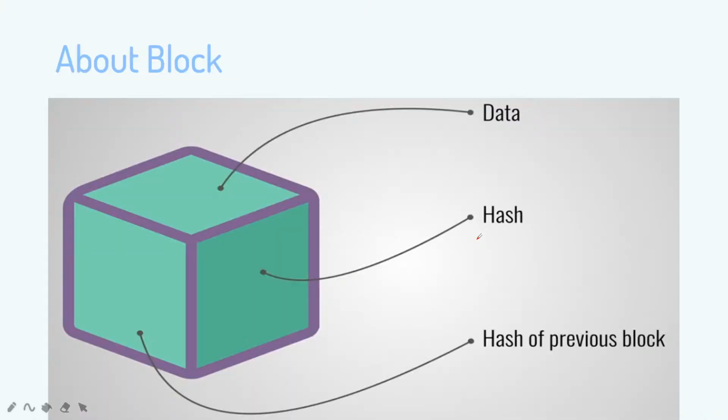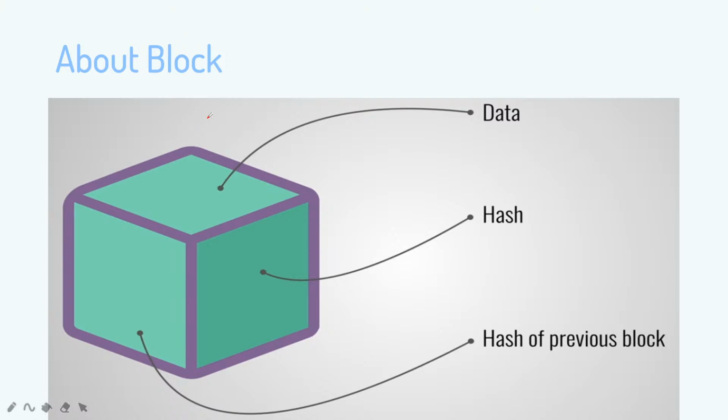Now, if you take one block, it contains three things. One is data. For example, if I send a picture to my friend, that is data. Next we have the hash.